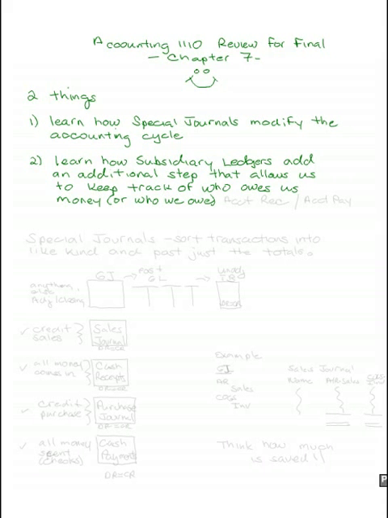And although there could be several subsidiary ledgers in any given business, we're going to learn two in this chapter: the accounts receivable subledger and the accounts payable subledger. Having said that, let's get started with special journals.